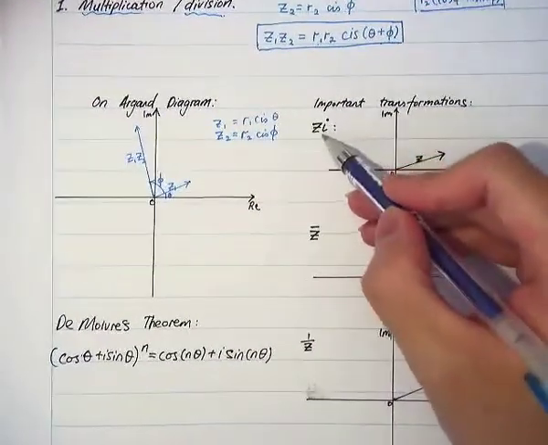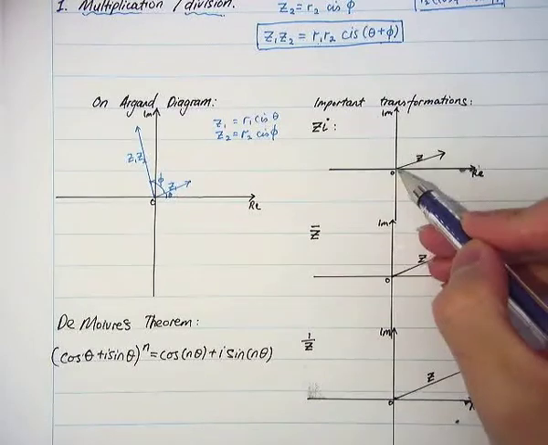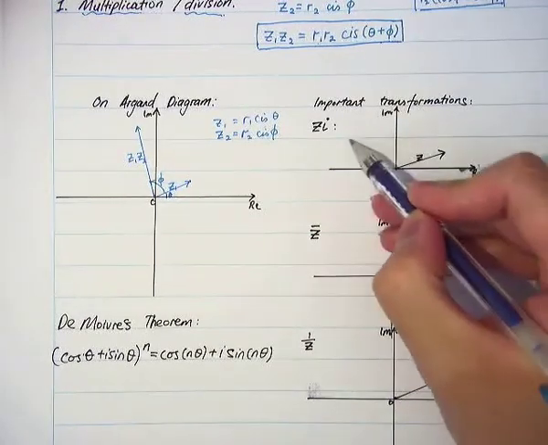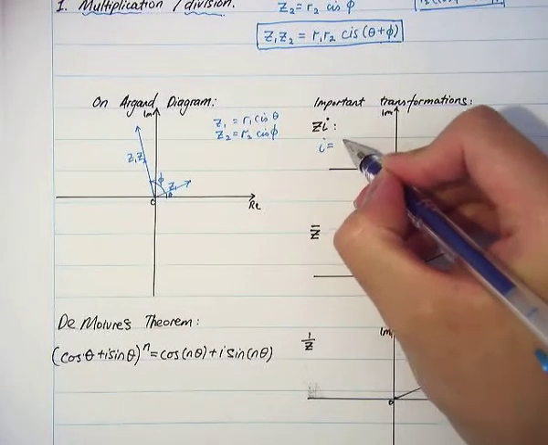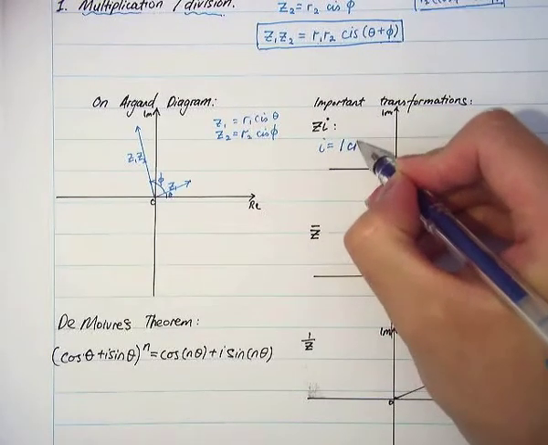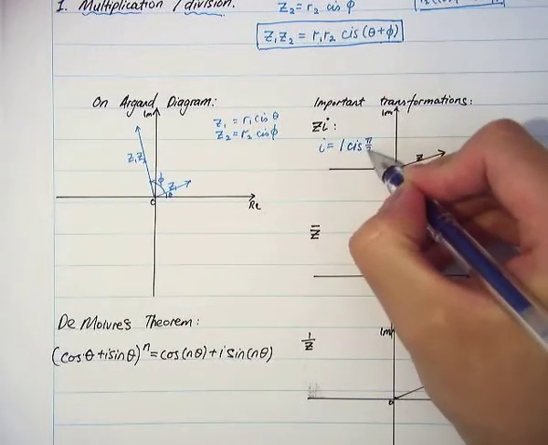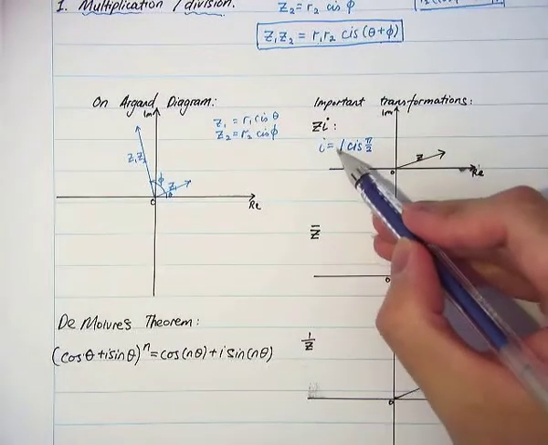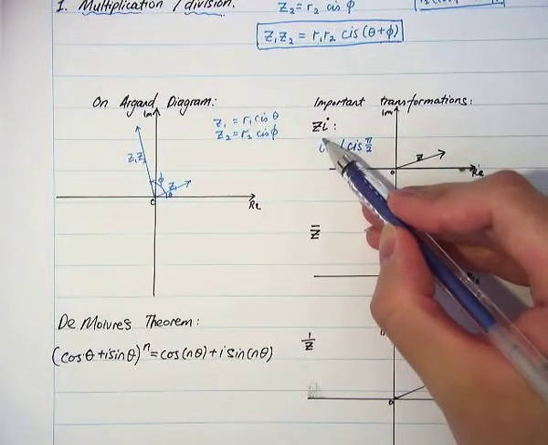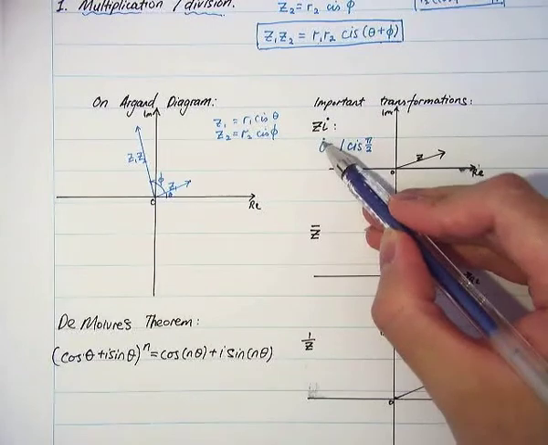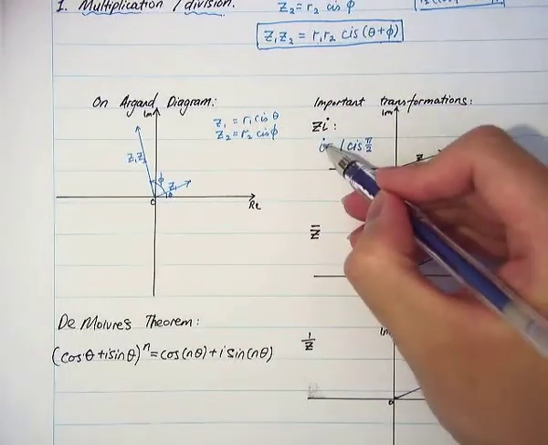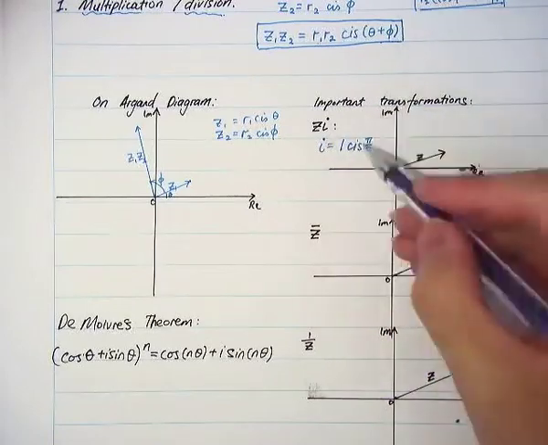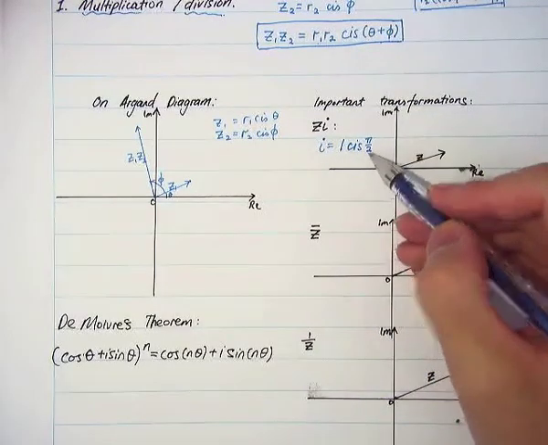Let's say we want to multiply any z, let's say this one, by the complex number i. Now it happens that i is a really simple complex number, which is 1 cis pi on 2. We can easily see why, because i has a modulus of 1, and because it's up on the y-axis of the complex number plane, it's got an argument of pi on 2.